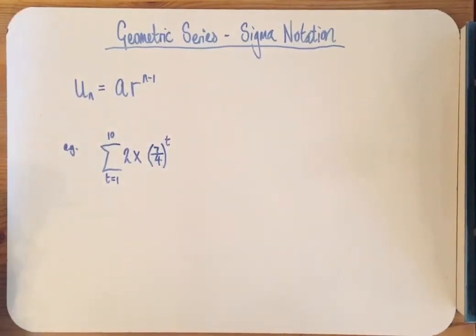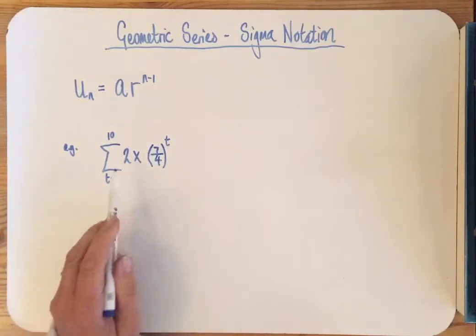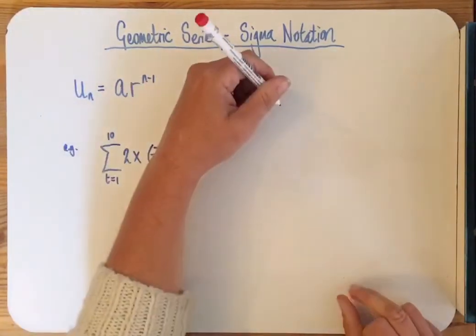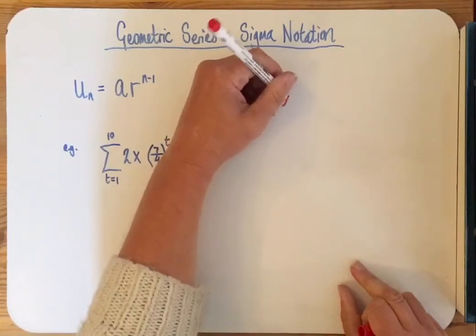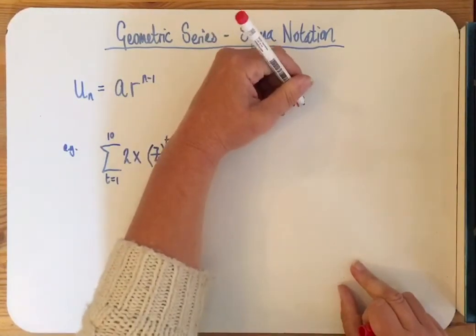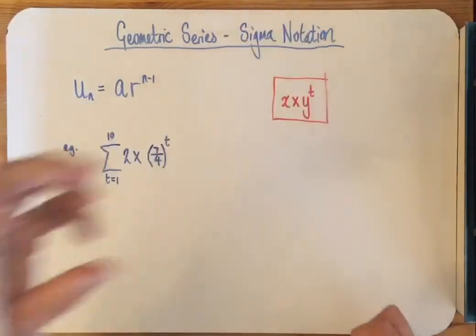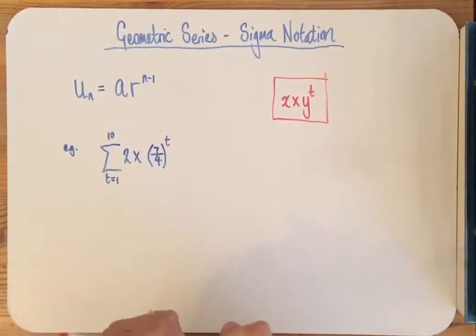So that will give you a geometric progression. So a number times a number to the power. So anything in the form x times y to the power t. This one's come out of like the letters we use for geometric series.